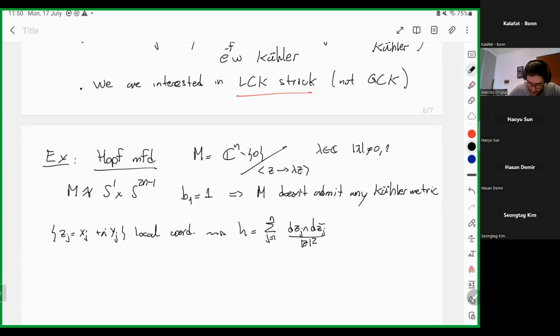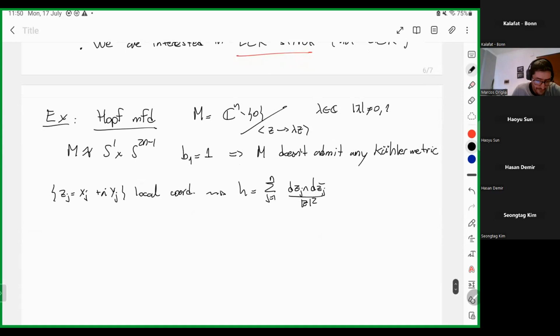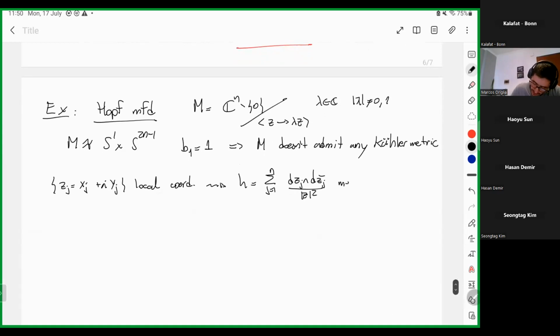Again, the dimension of the manifold is 2n here. So this is a metric on C^n minus 0.